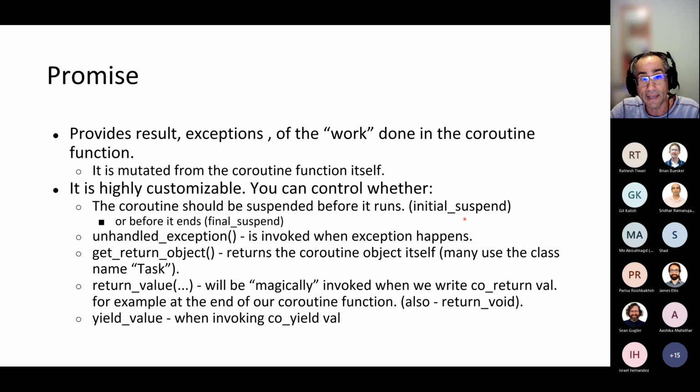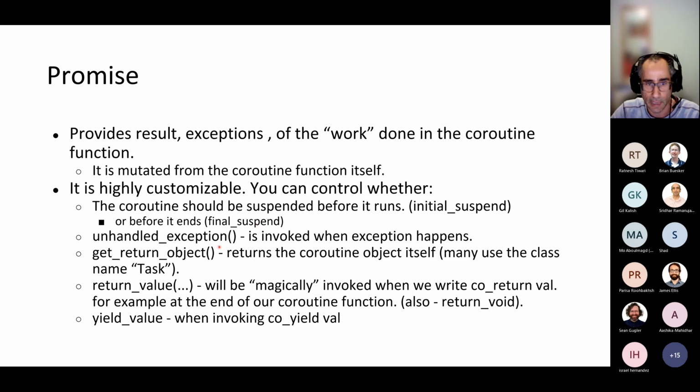And then you can write code that does something, maybe some initialization and so on and so forth. Same deal for final suspend. It's a way for you to write code before we destroy the whole coroutine frame. So there are opportunities for us to do all kinds of work when the coroutine function starts or when it's being destroyed.